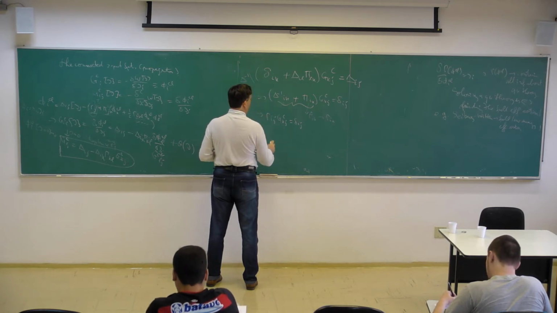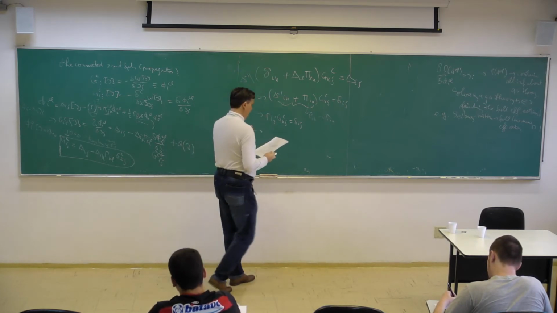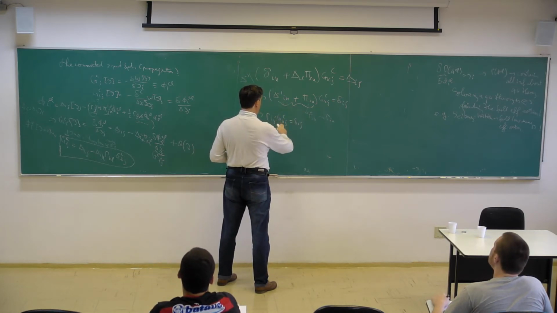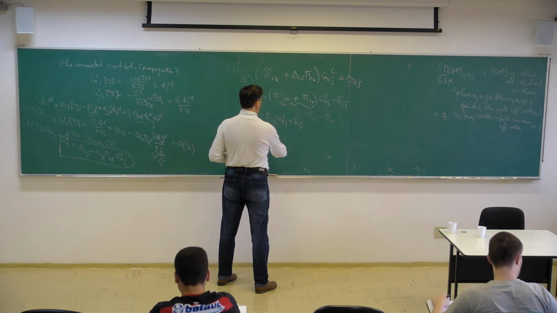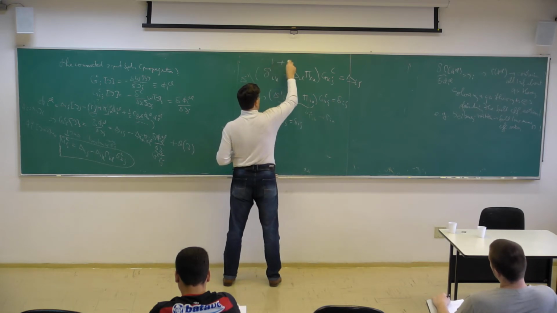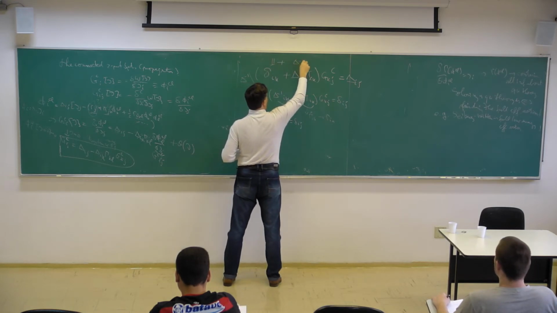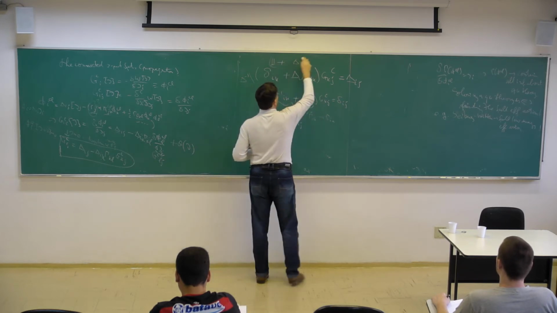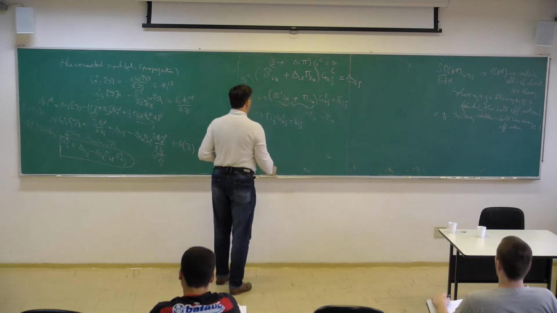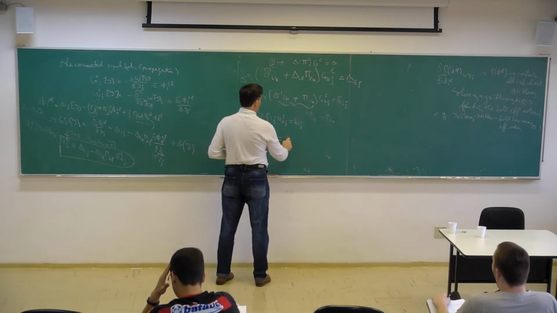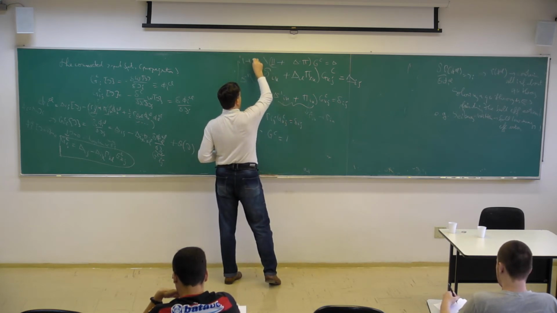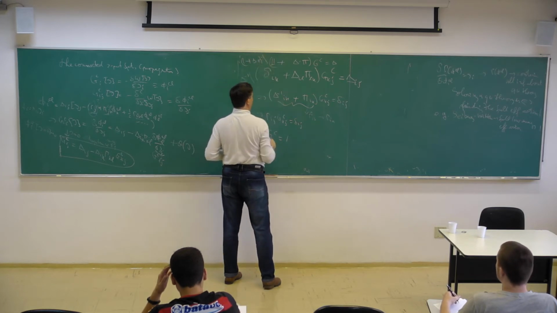I can also write this explicitly, so I can say I can write this as 1 plus delta pi, as matrices, G_C equal to delta, and then G_C equal to, I have to multiply by 1 plus delta pi inverse on the left.